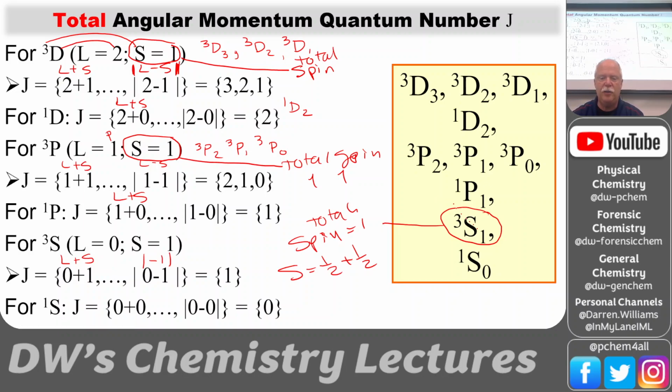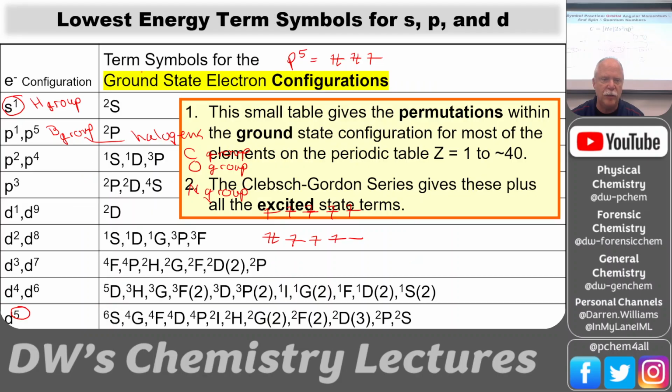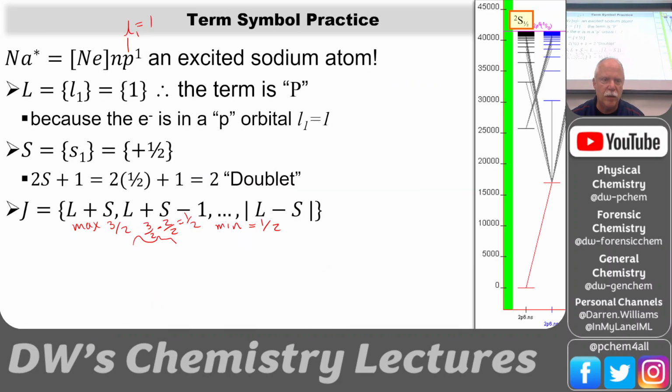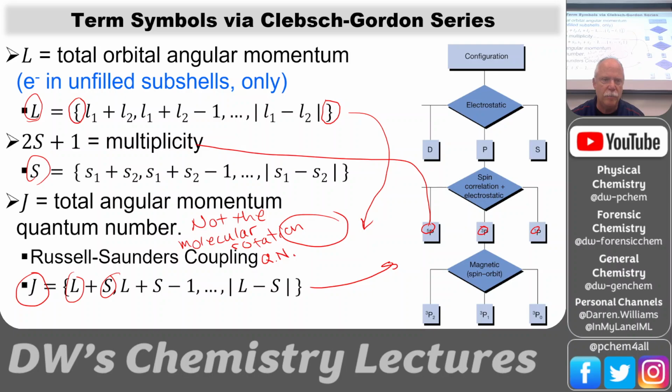What about the J value? You could read it right off the term. This is J. What is the total angular momentum on this one? Let's go back, way back to the vocabulary page. We were just talking about capital S being the total spin quantum number.